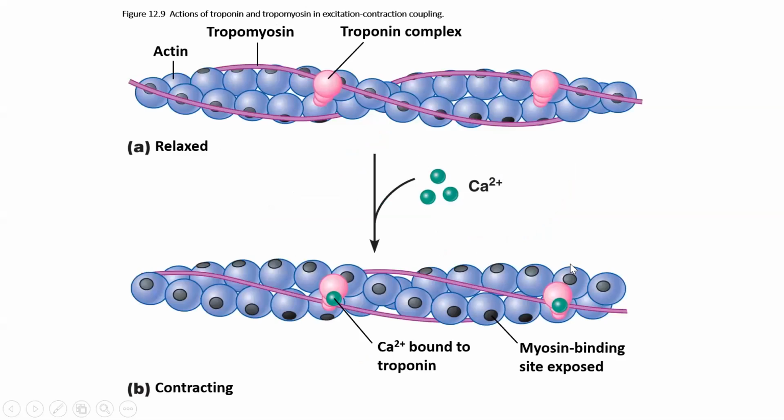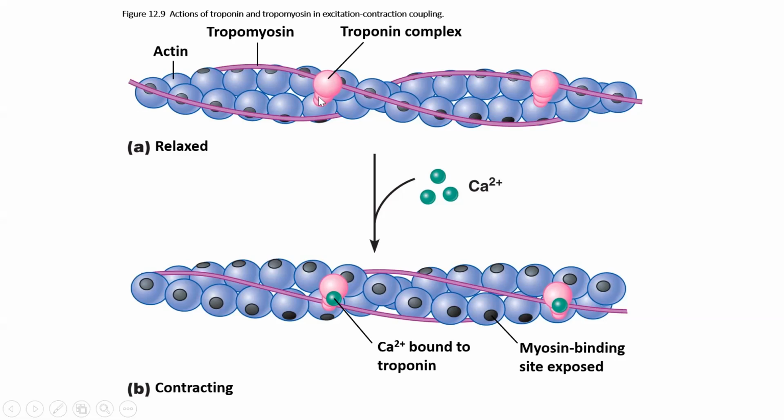All righty. So here is what actin looks like in its two states. In its relaxed state, we can see that troponin, which is one of those regulatory proteins associated with actin, does not have calcium bound onto it. And I keep describing this relationship here. Remember, troponin has 3 binding spots. It has a spot to bind calcium.